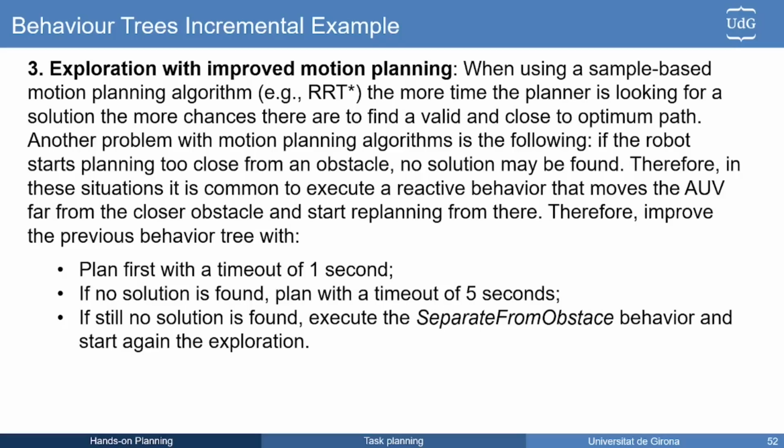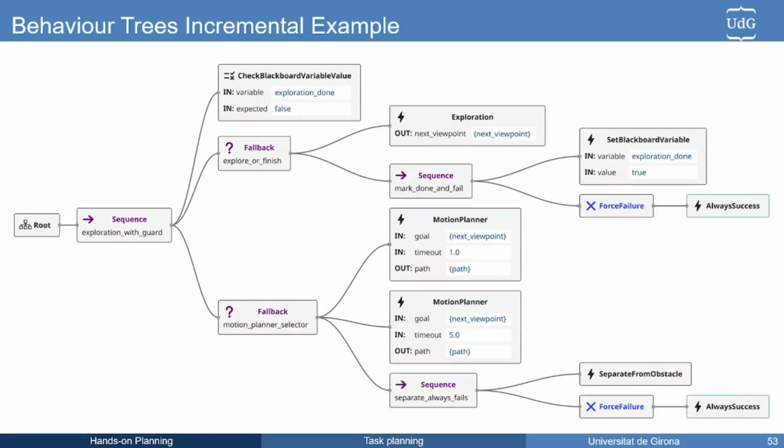Here, as you can see, it is executing something. If it works, continue. If it does not work, execute something else. This is clearly a fallback, okay? Then let's change that for a fallback. And in this fallback, basically what we have is motion planner, 1 second.